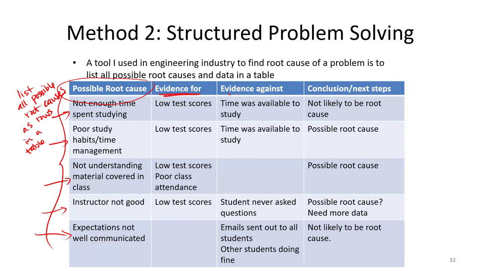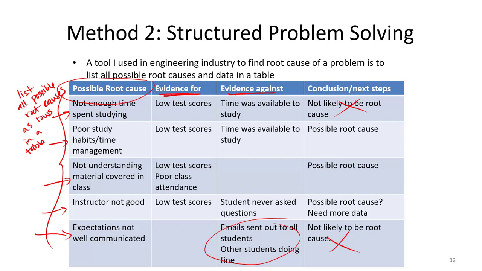We look at our data and we determine what evidence supports that root cause, what evidence does not support that root cause. And so notice you can go through and you can figure out, well, maybe this one's not likely to be the root cause because there's a lot of evidence against it.